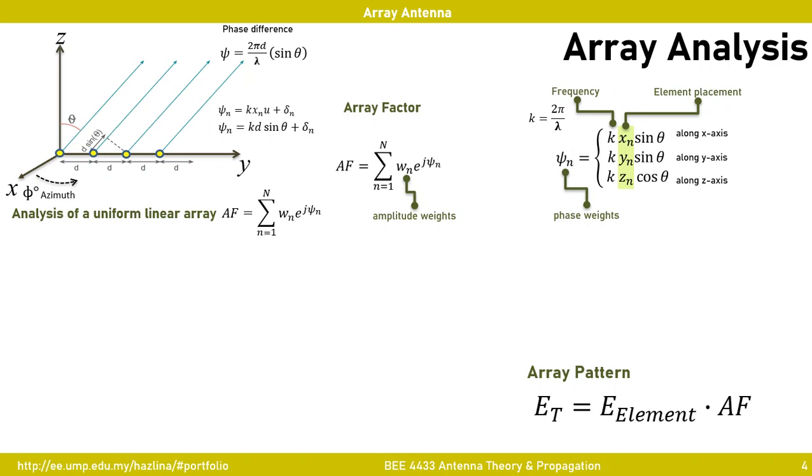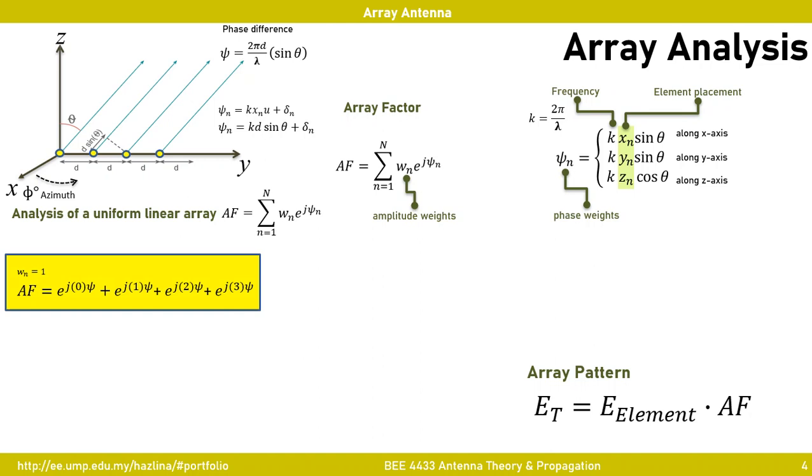The summation of all 4 elements is as follows. We can write this equation with the first element positioned as 0 based on its position at y-axis and the last position of the element as total number of elements n minus 1. This equation can be written in a simplified summation form as shown here.